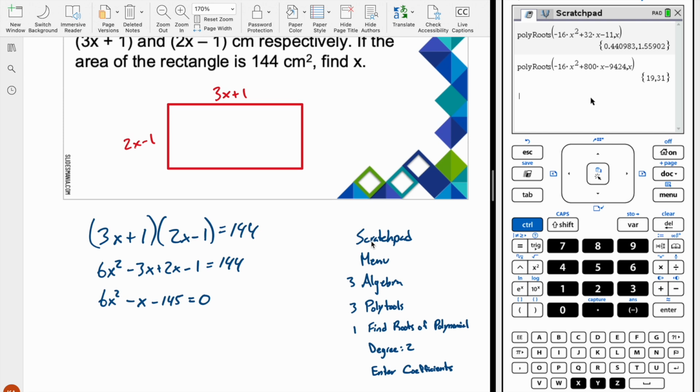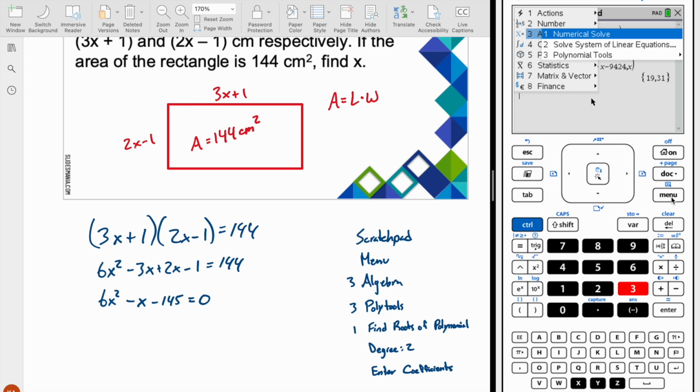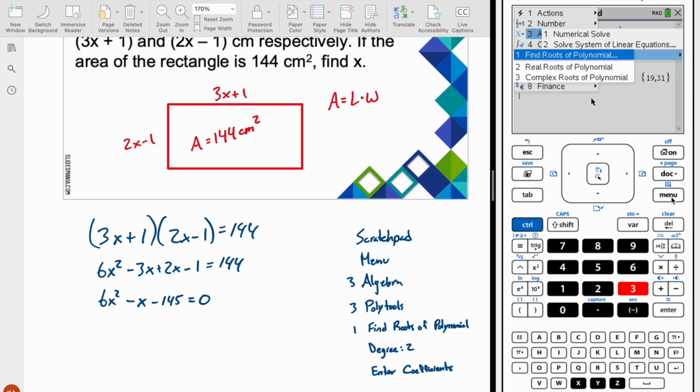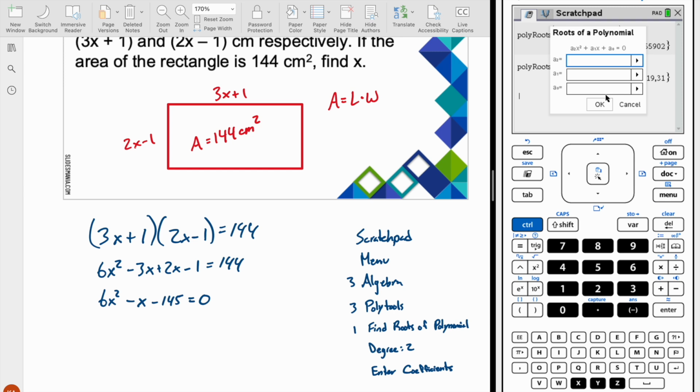We go ahead and plug it in. We go Menu, Algebra, Polytools, Find Roots. We are dealing with the second power and we are looking at real.